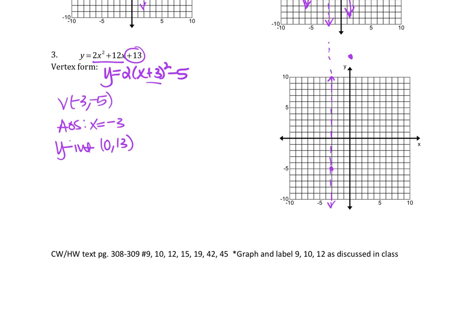So if I extend out my axis of symmetry a little bit, we have a symmetric point. This y-intercept is 3 units away from that. So if I go 3 units in the opposite direction, that brings me to -6, 13.